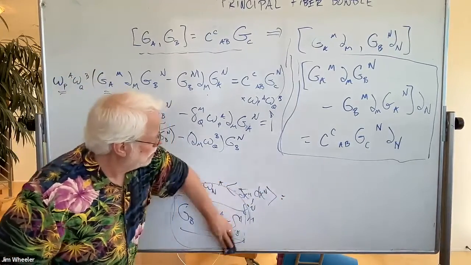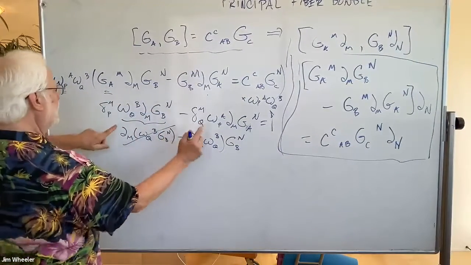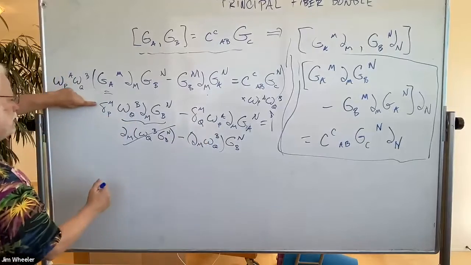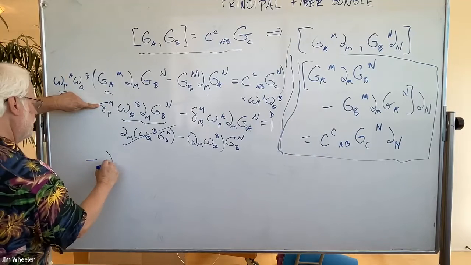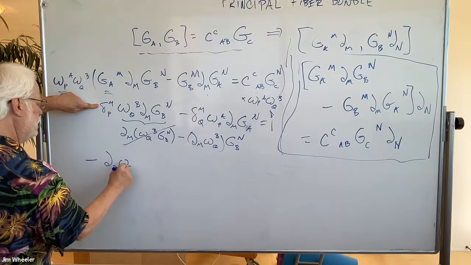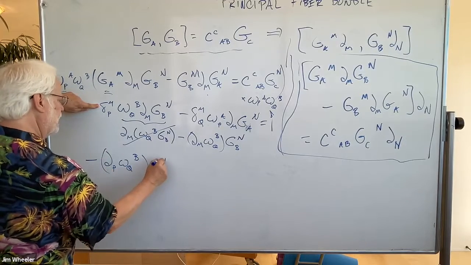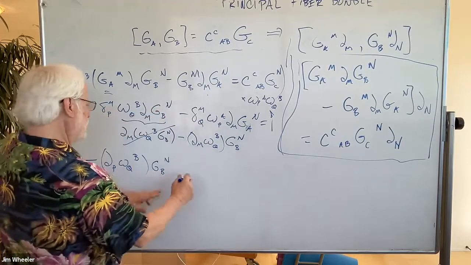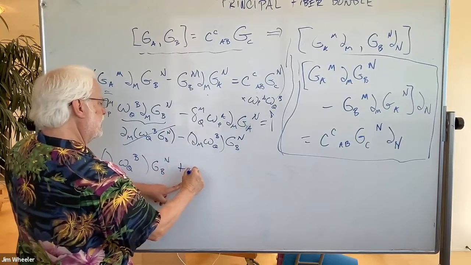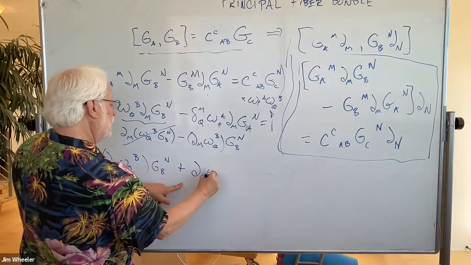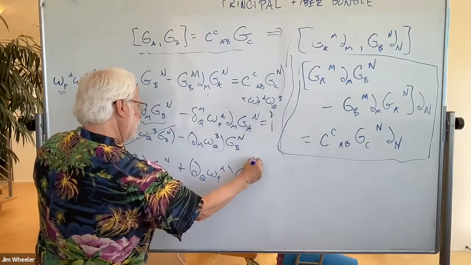And now, doing that on both of these terms, I have a Kronecker delta_MP, that's going to become a P. So I have minus partial_P omega_Q^B G_B^N. And then this one is going to become plus, changes the sign. Then we'll have partial_Q omega_P^A with G_A^N.